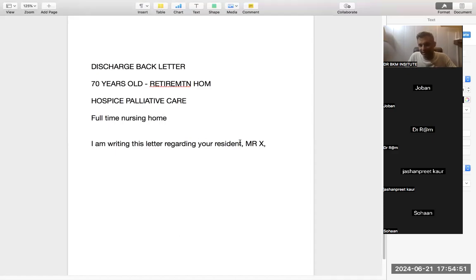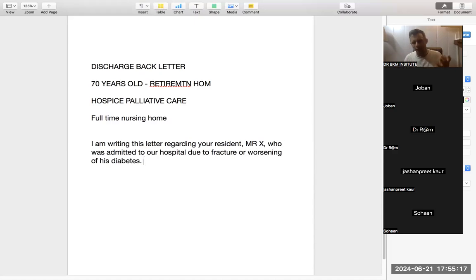So I'm writing this letter regarding your resident, Mr. X, who was admitted to our hospital due to fracture, or if it is hospice, due to worsening of his diabetes.